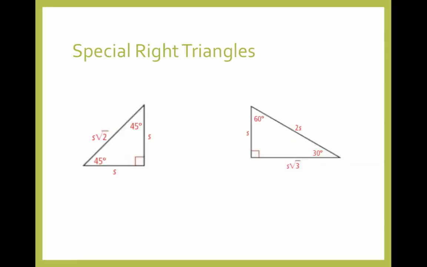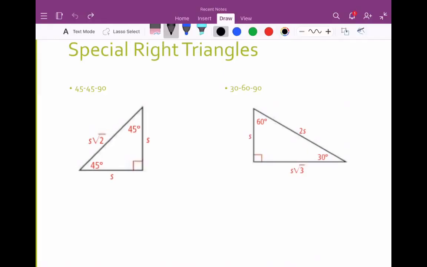So I want to talk really quickly again about the special right triangles. If we have a right triangle on our unit circle, the hypotenuse has the length of 1, because all triangles drawn on the unit circle have a hypotenuse of 1.